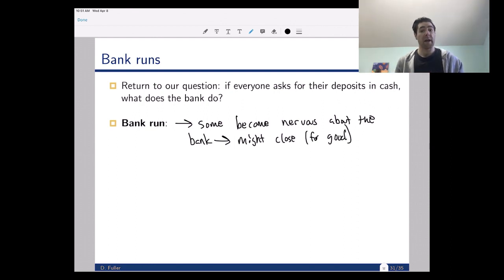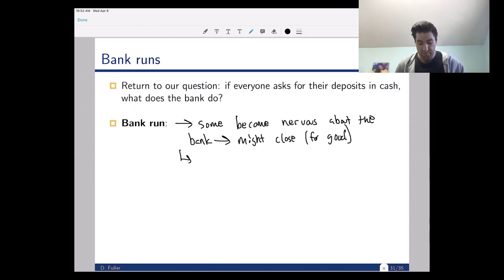We'll understand how a bank could become what we say insolvent, which would cause them to potentially have to close or shut down. And so a group of people becomes nervous that the bank is going to shut down or not be able to operate anymore. And so what they want to do then is to say, well, I'm going to take my money out of the bank now.